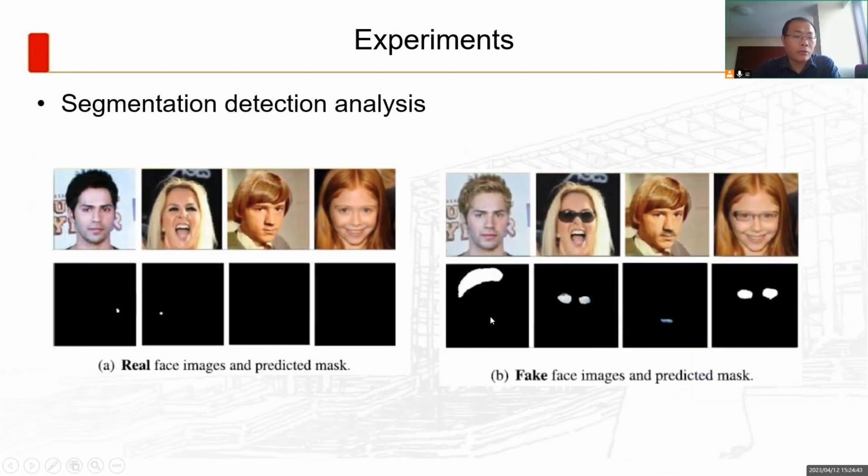At last, we also show the result of segmentation detection. The left figure is a result of real faces. This means our proposed method locates the manipulated regions of real images. For this figure, we can see there are almost no manipulation regions in the real images.